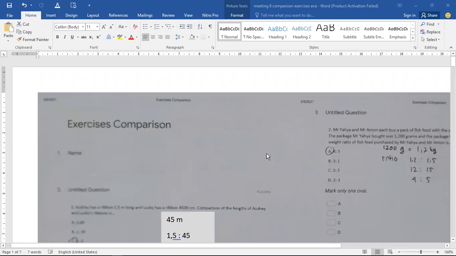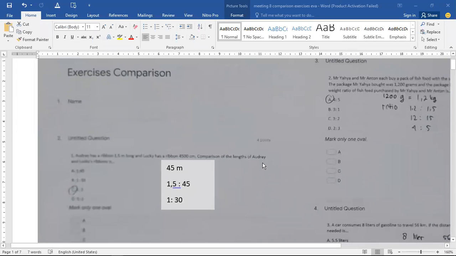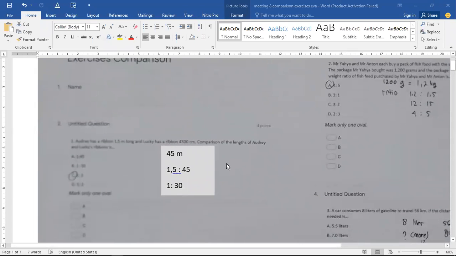I'll start from number one, Audrey and Lucky. Audrey has 1.5 meter long and Lucky has 4,500 centimeters. If you want to compare, we need the same unit.